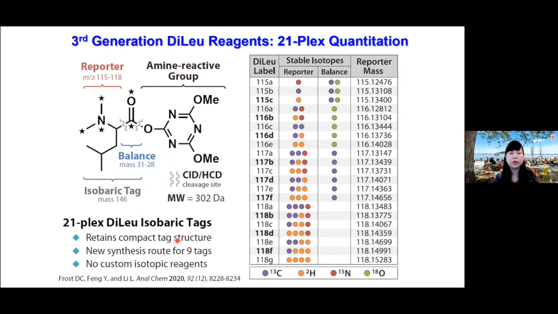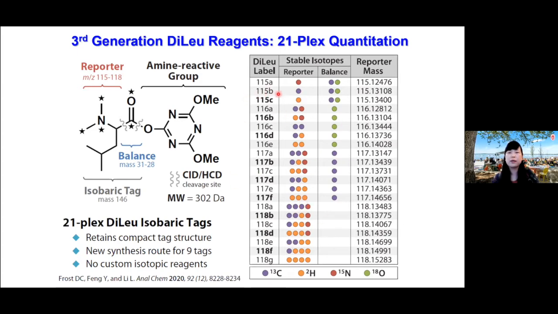And we're very happy that we don't need to rely on any custom-designed isotopic reagents, so we just use commercially available amino acid isotopes readily available from Cambridge Isotope or Sigma-Aldrich.